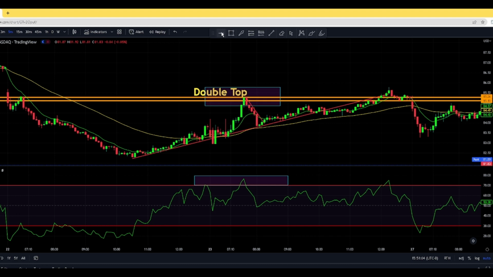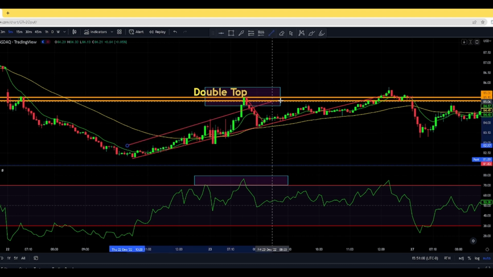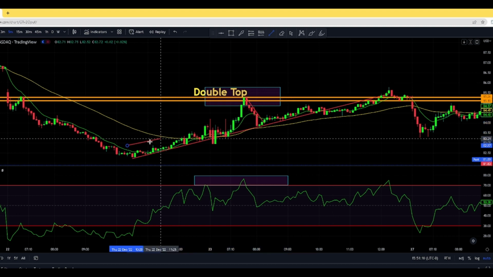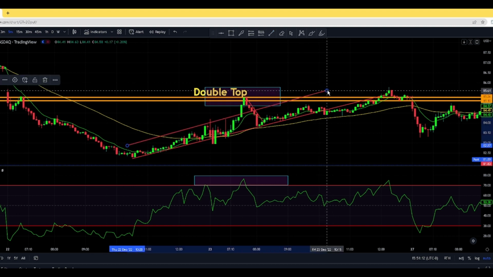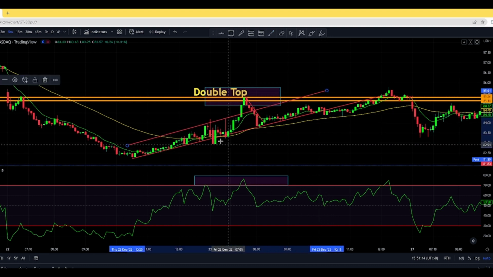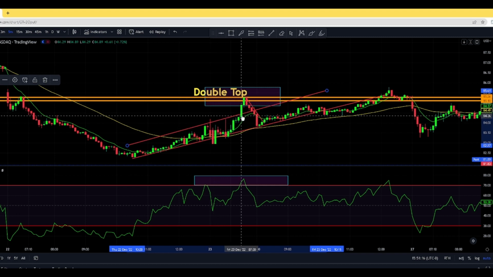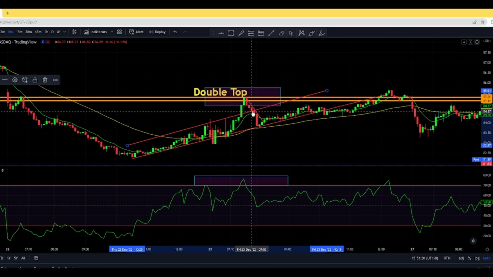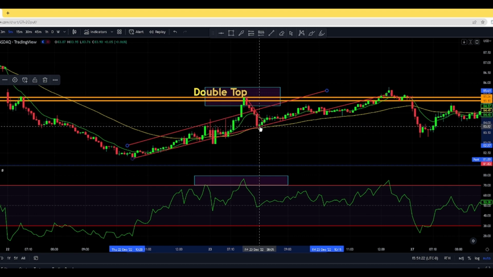I would suggest this would be a channel. It would have been a channel trade too, but we moved up from the channel and then we came back, and here we are testing a trend line. If we test a trend line and the EMA is also holding, in this case the 50 EMA is perfectly holding.